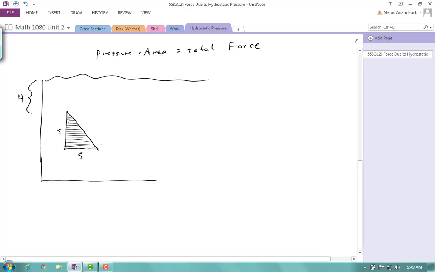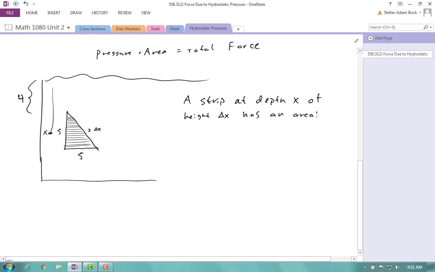So if I have a little strip of triangle, so if I go down to a depth of x, and I have a little strip of triangle of height delta x, then I can calculate the area of that strip. So how do I calculate the area of this strip at this particular depth?